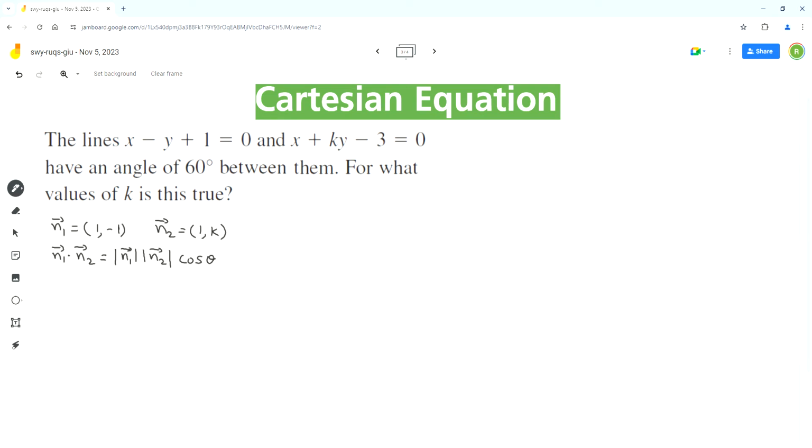Now we can use the vectors n1 and n2. To find the magnitude, we should square the components, add them, and apply square root to the sum.